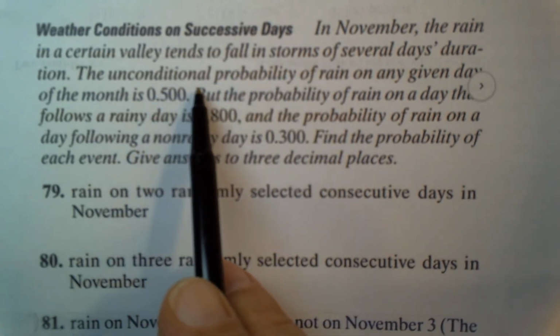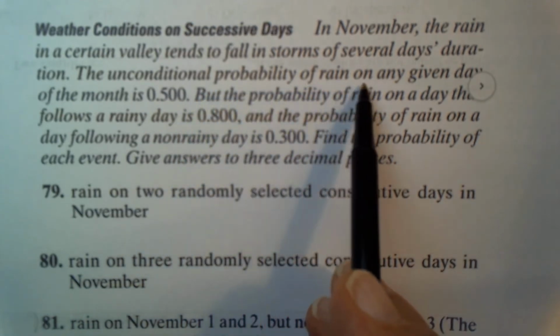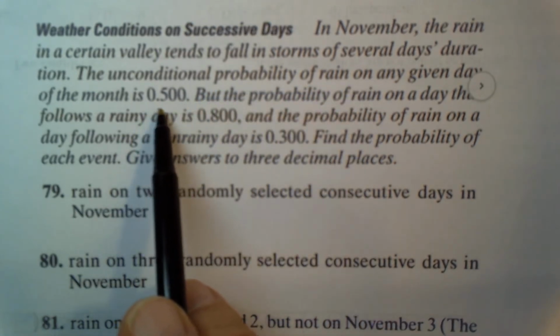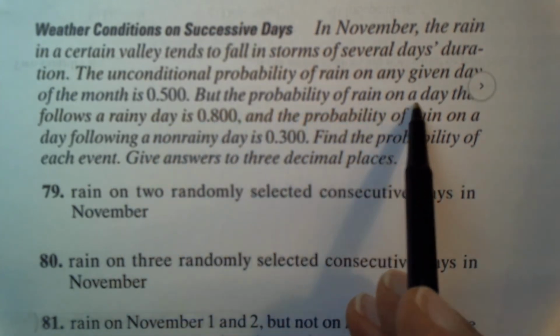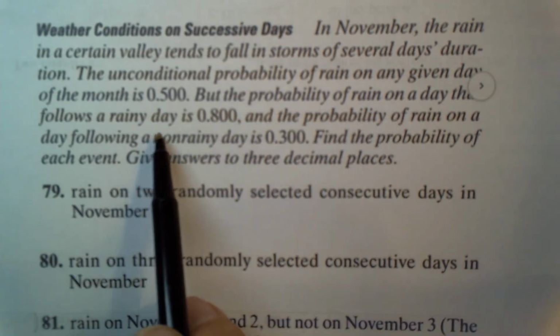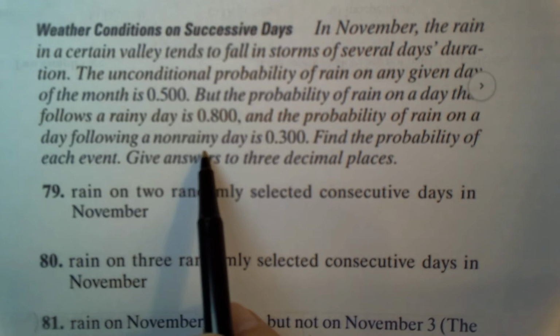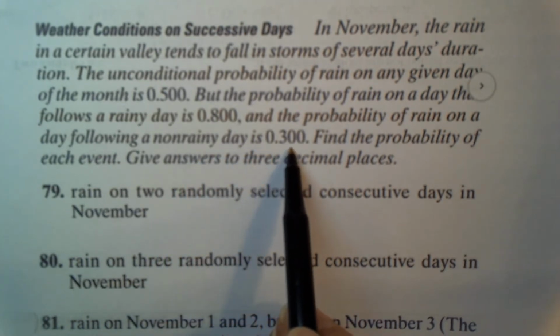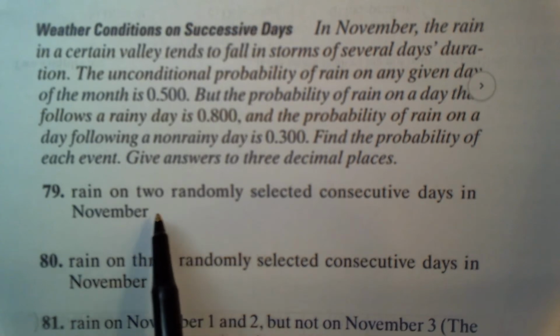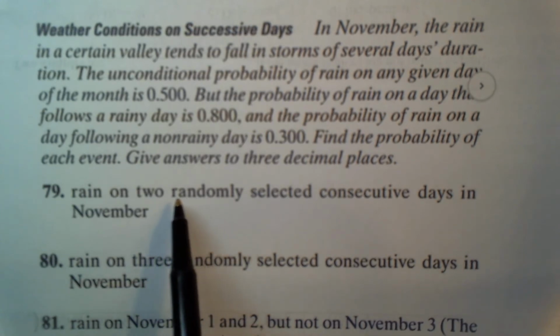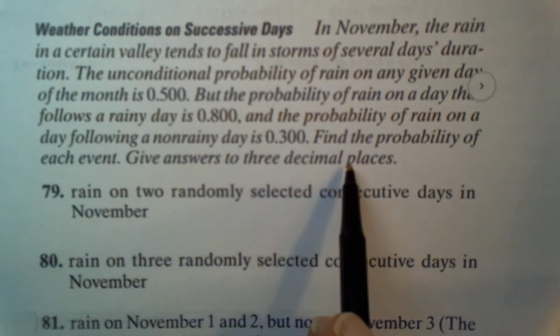The unconditional probability of rain on any given day of the month is 0.500, but the probability of rain on a day that follows a rainy day is 0.800, and the probability of rain on a day following a non-rainy day is 0.300. So now we are supposed to find the probabilities for the following events, given to 3 decimal places.